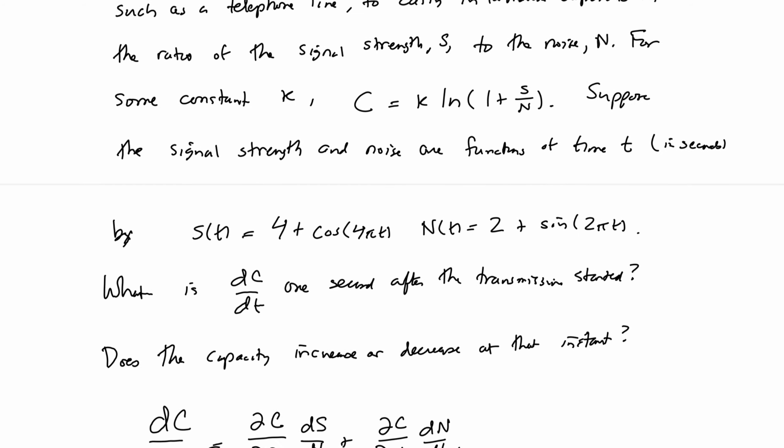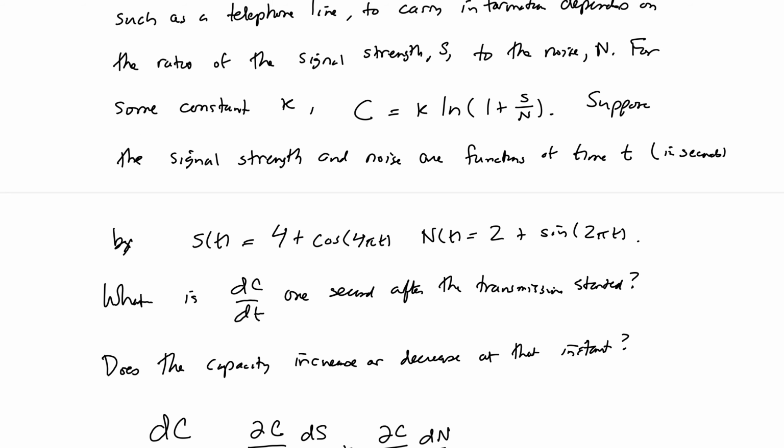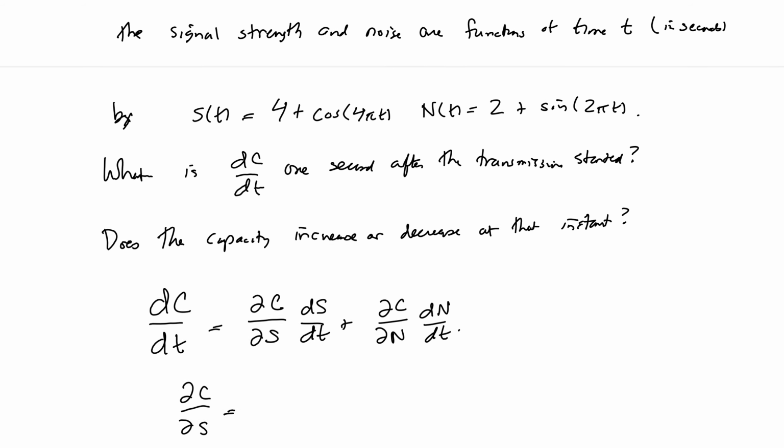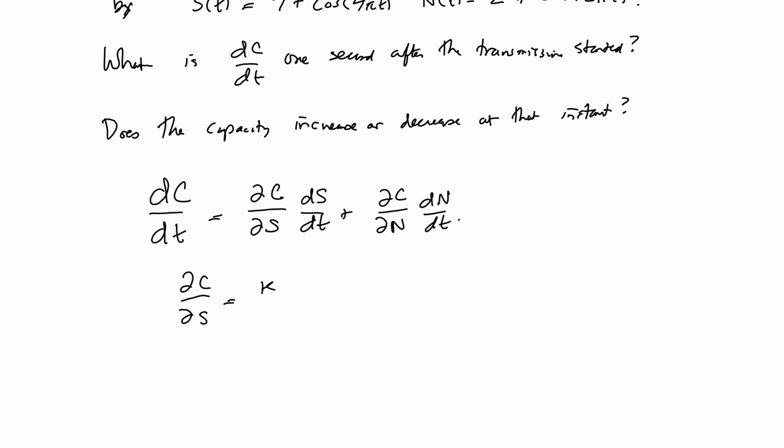So notice C is K times ln of 1 plus S over N. So for ∂C/∂S I get K over 1 plus S over N, and then the derivative of what's inside, which is just 1 over N. For ∂C/∂N the first part will be the same, but since I'm differentiating with respect to N, I get minus S over N squared.